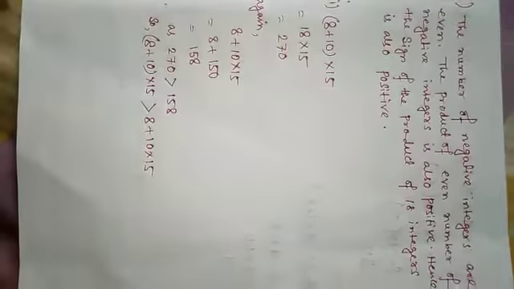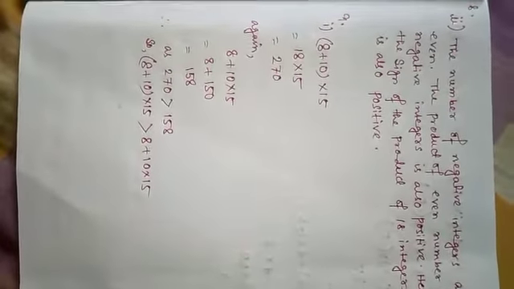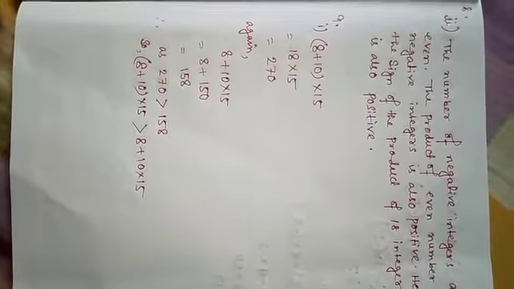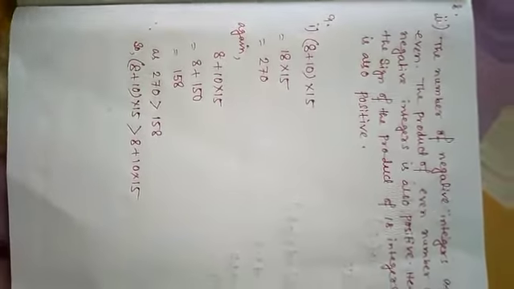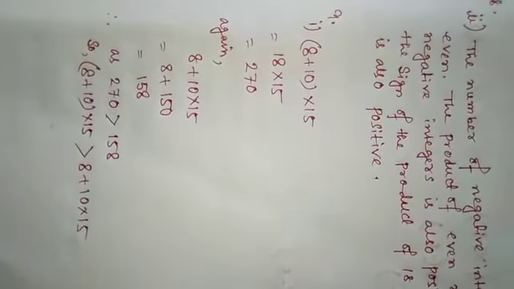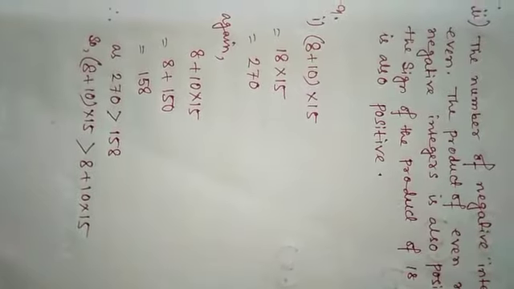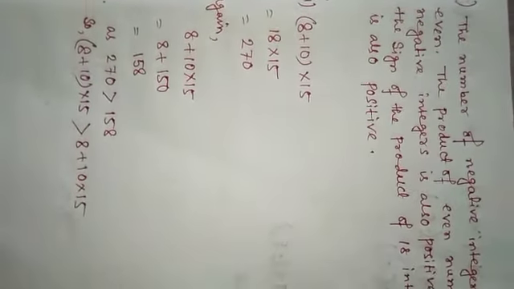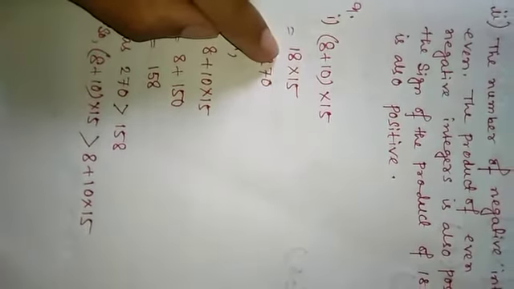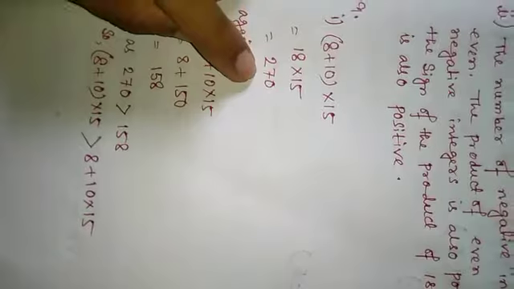Okay. Now question number 9, find which is greater, (8 plus 10) into 15 or 8 plus 10 into 15. Two types are there, so we need to actually calculate both the values. In the first case the value is (8 plus 10) into 15. We know that 8 plus 10 is 18 into 15, that means 270.